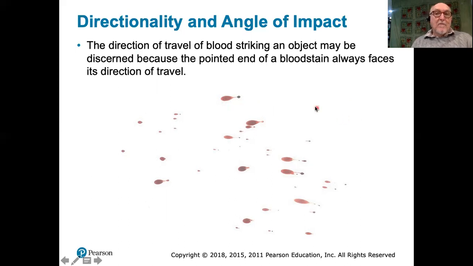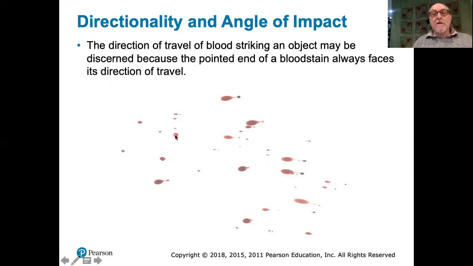You'll see also that even for this, which was probably just done experimentally, there's a slight difference in the angles, and they're all pointing back here. Just imagine that this was on a wall. You would see blood in a rayed structure, with all of the directions pointing back to a common source.